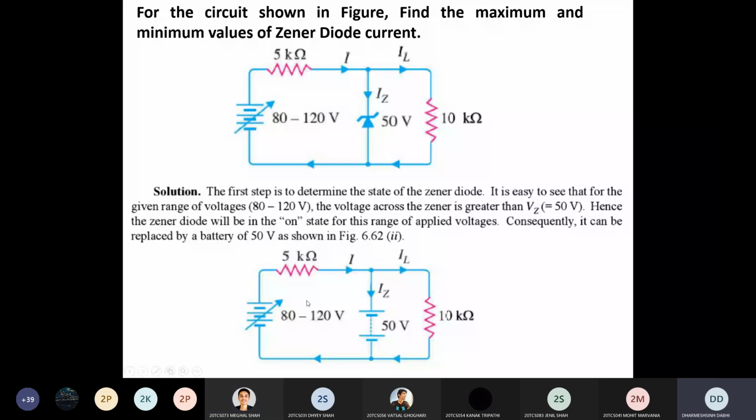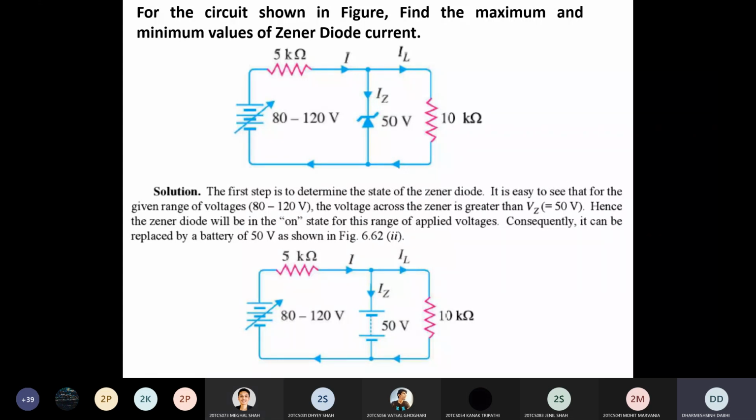So how much voltage drops across this 5 kilo ohm resistance? Your supply voltage is 120, and the voltage across the Zener diode is 50. So the voltage across this 5 kilo ohm is 120 minus 50, which is 70 volt.